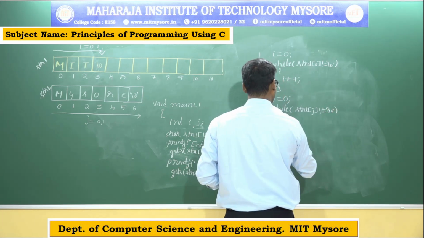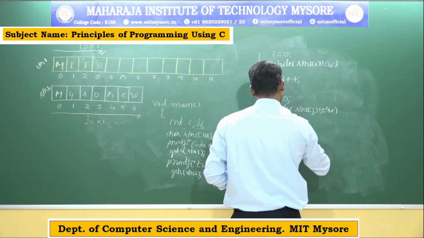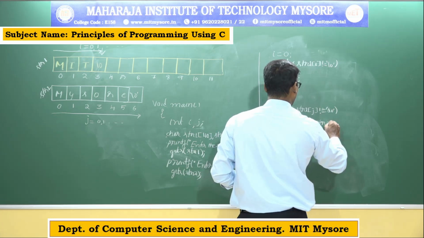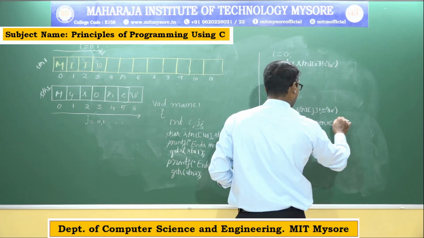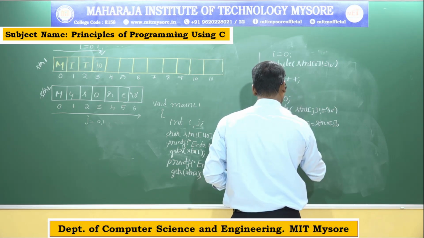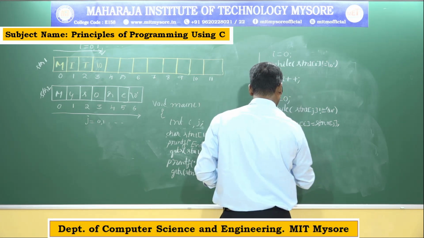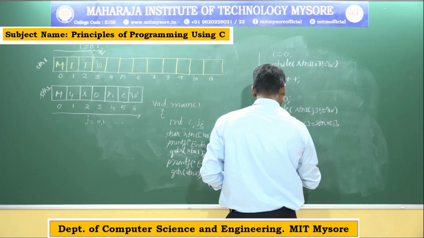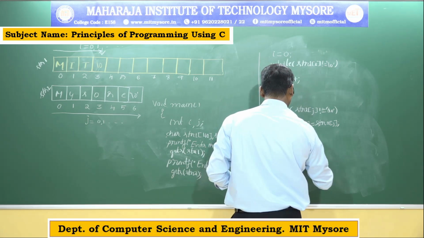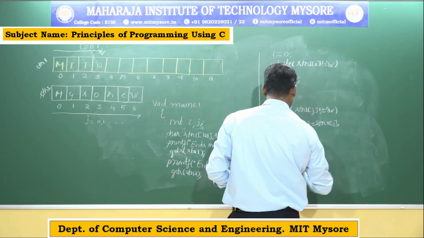If this condition is satisfied, str1 of i equal to str2 of j, then i plus plus, j plus plus. Then str1 of i is equal to null.